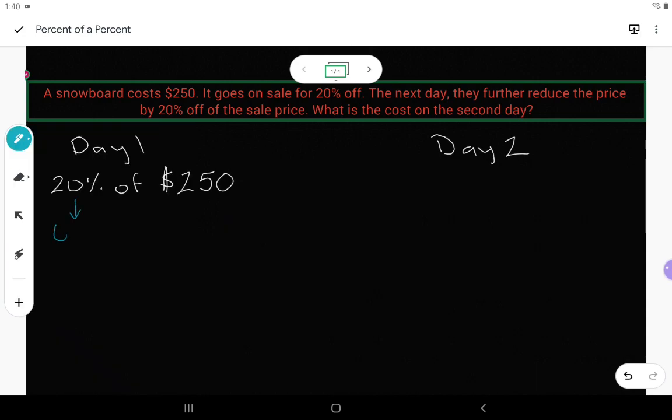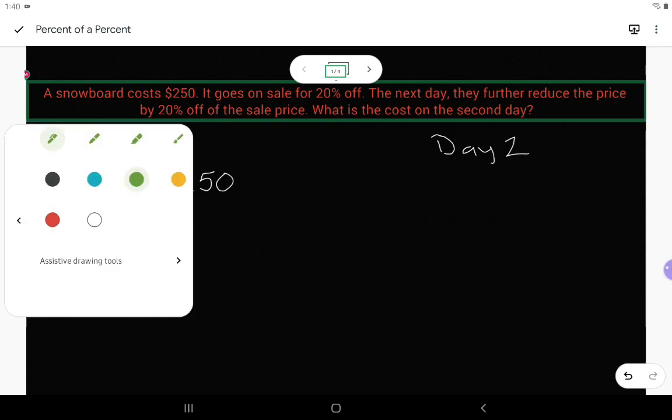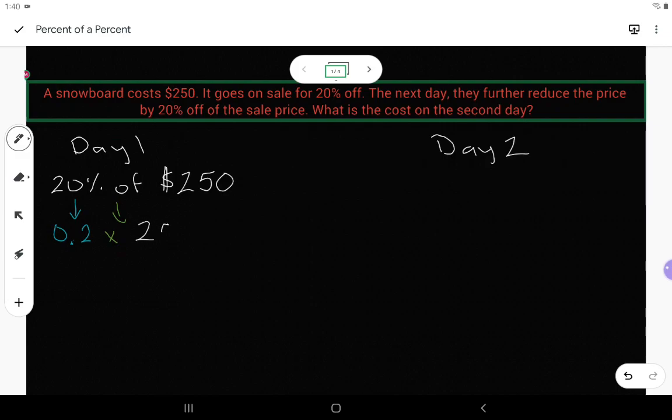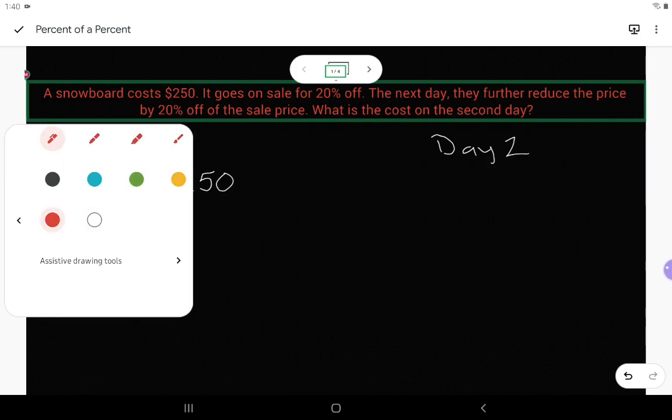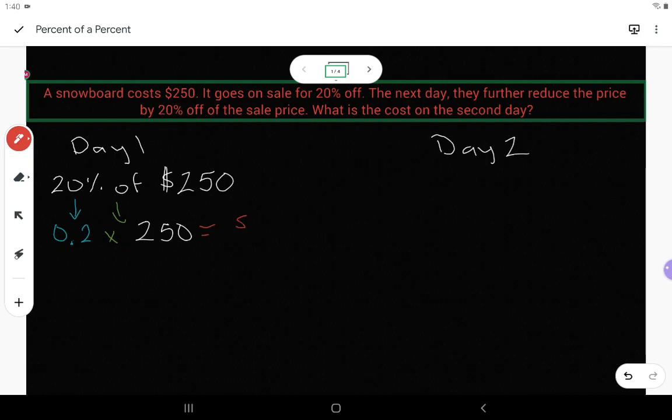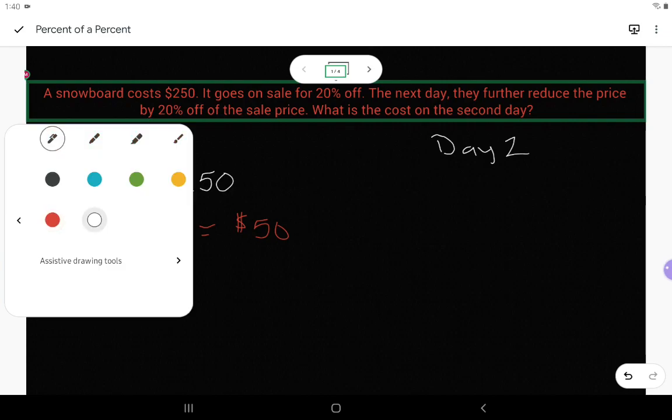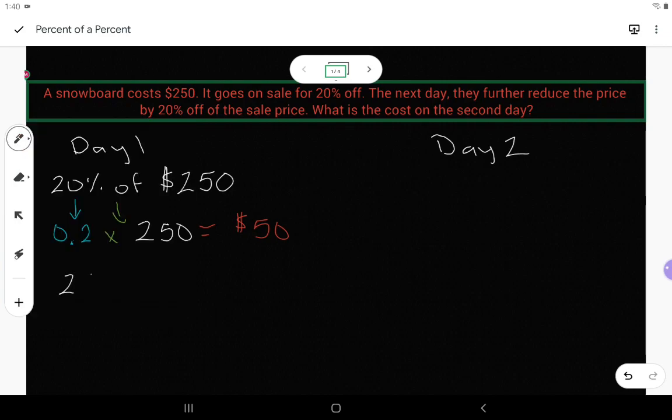So I change my 20% into its decimal form, that's 0.2, of changes to times, and then that 250 is going to stay as 250. And so in total, that gives me $50. So on that first day, there's a $50 discount, which means the snowboard would now cost, it started as $250, we take away $50, and now that snowboard on the second day would cost $200.